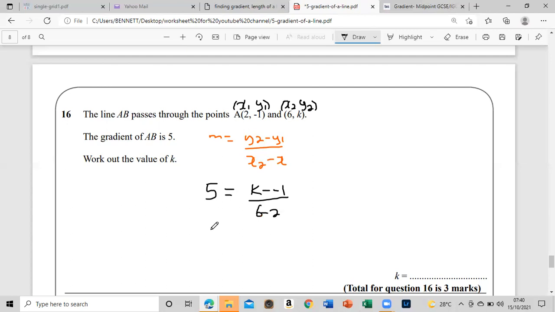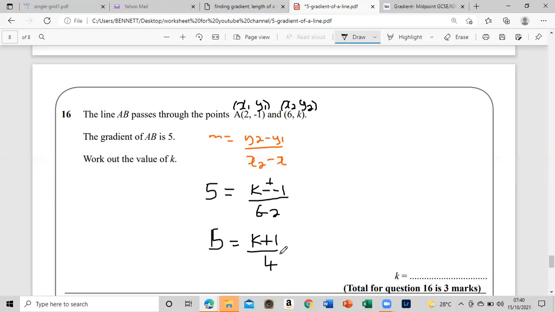We'll simplify now: 5 equals, as shown earlier, this becomes positive, so it's k plus 1, over 6 minus 2. What's 6 minus 2, guys? That is 4.